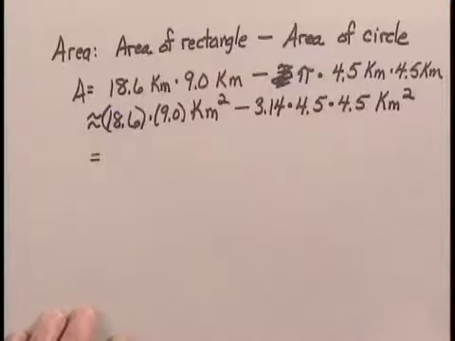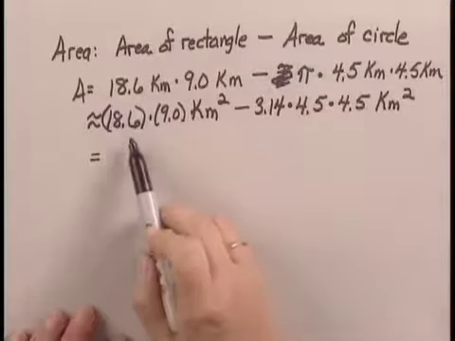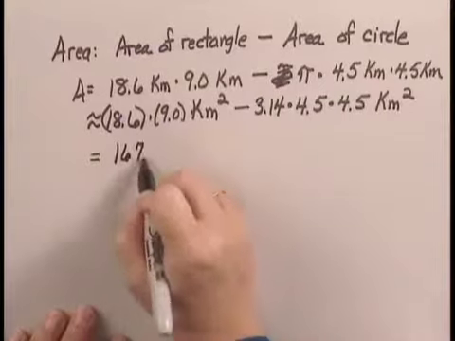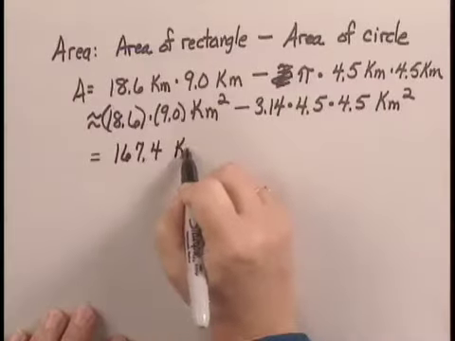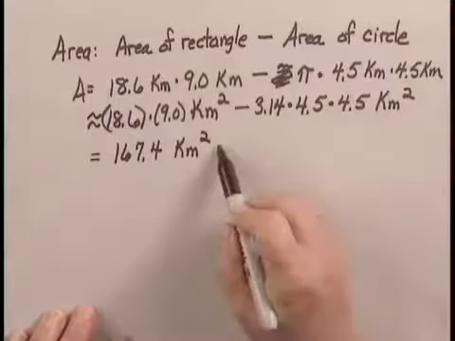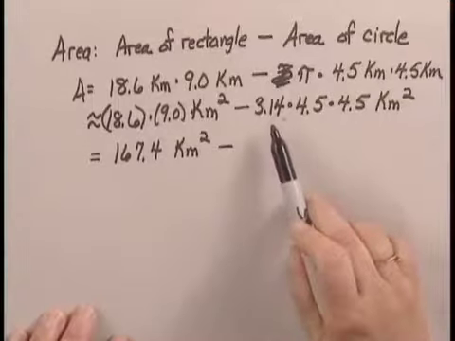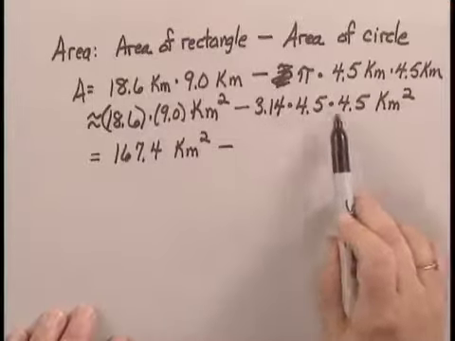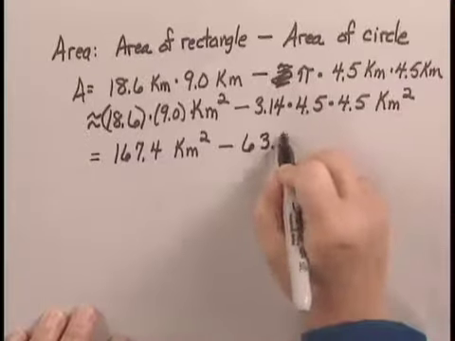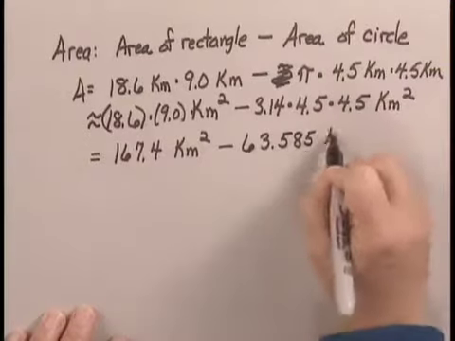Now, when I multiply 18.6 times 9, that is 167.4 square kilometers. That's the area of the large rectangle. I want to subtract out of it the area of the circle, so I multiply 3.14 times 4.5 times 4.5, and I get 63.585 square kilometers.